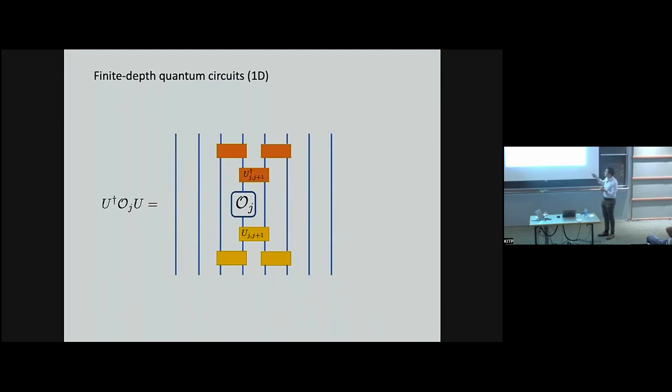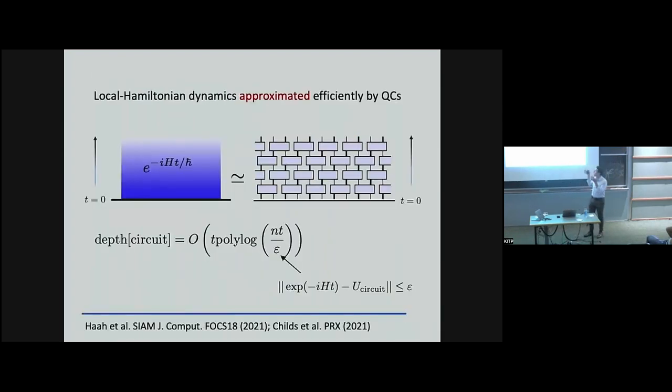And so at the end, you went from having a local operator localized at some point j to something which is spread over a finite region. And so this locality of quantum circuits is also consistent and natural from the point of view of digital simulation, as you can show that this kind of local quantum circuit efficiently approximates a local Hamiltonian dynamics for a finite time.